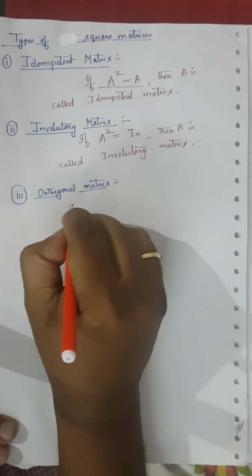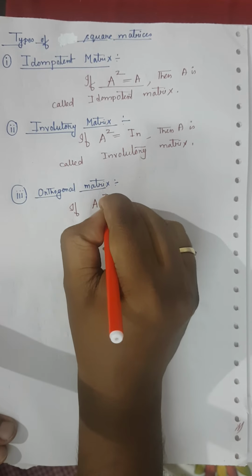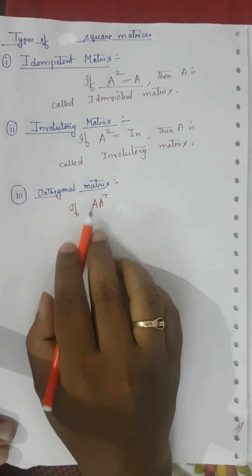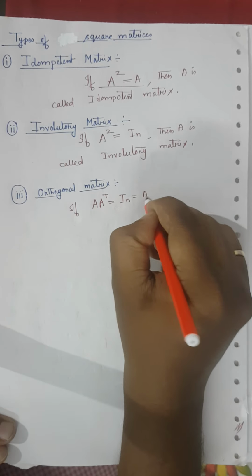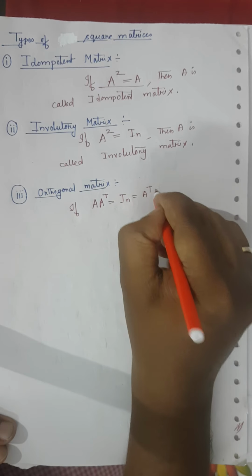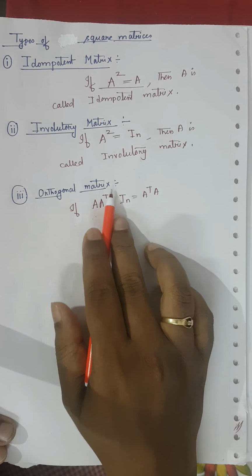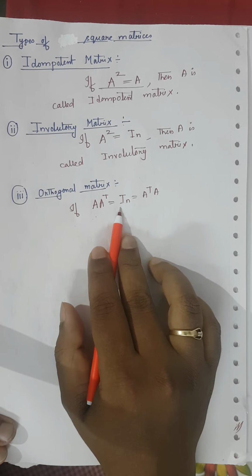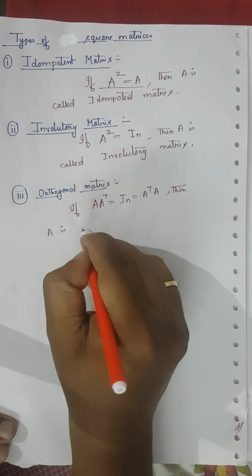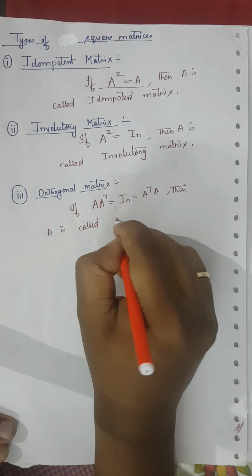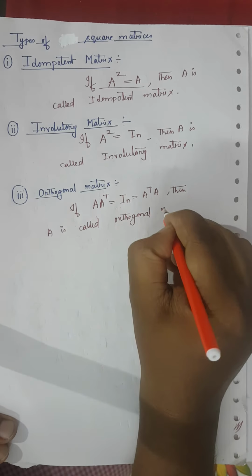If the product of a matrix with its transpose, A must be a square matrix, if A into A transpose is equal to In is equal to A transpose into A, that is, the product of a matrix with its transpose is equal to the identity matrix, then A is called an orthogonal matrix.